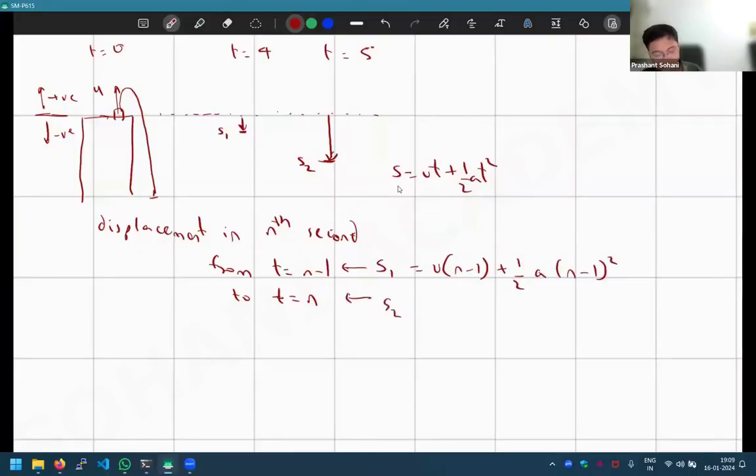And the displacement at the second instant, that is 1 second later, will be the same formula, except instead of n minus 1, you will have n. So these are the two displacements at n minus 1 and n respectively. The difference between them will be the answer. So displacement in the nth second will be equal to S2 minus S1.